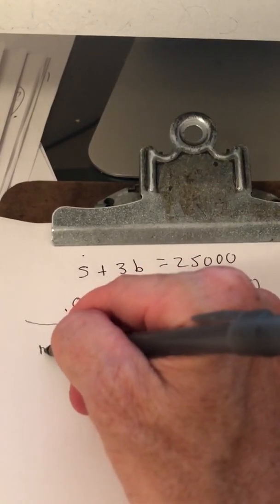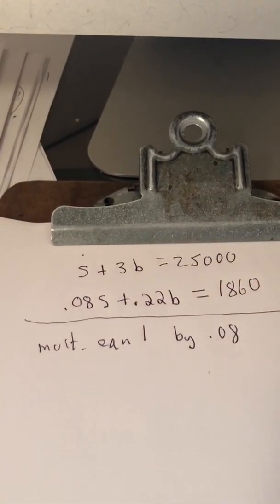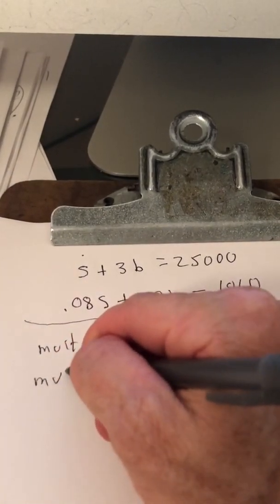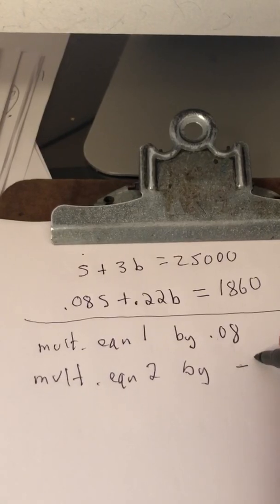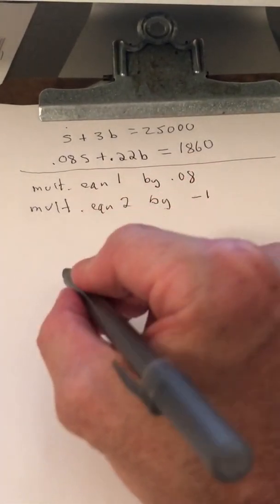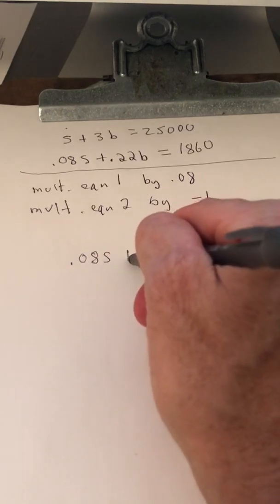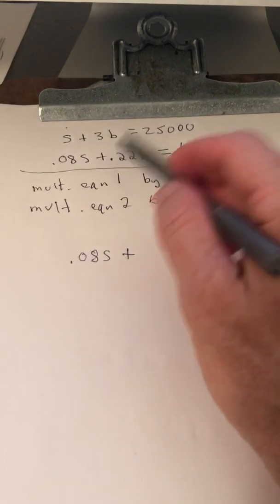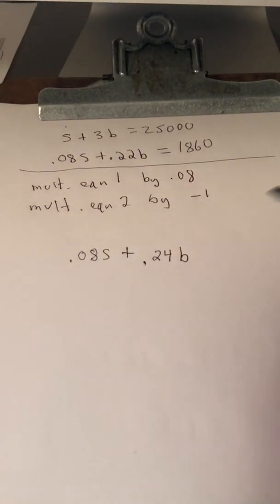So again, if we multiply equation 1 by 0.08 and at the same time multiply equation 2 by -1, what happens is we have 0.08s plus 0.08 times 3 is 0.24, so this is 0.24b equals 0.08 times 25,000.